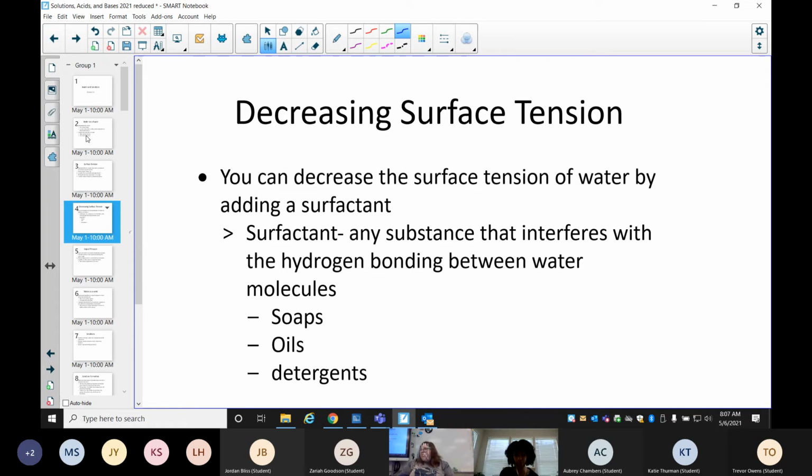With surface tension, if you added a surfactant, that decreased the surface tension. That's what you saw in lab yesterday whenever you were using the soapy water versus just water. You shouldn't have been able to fit as many drops on the penny because it contained a surfactant. Those hydrogen bonds were broken and not as strong. Therefore, it couldn't hold together as well.